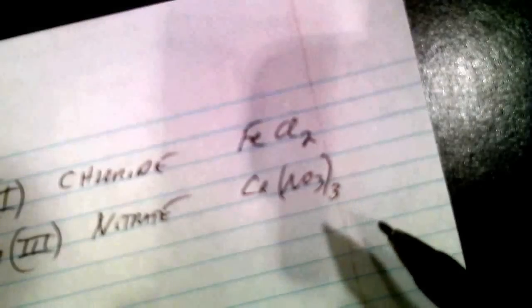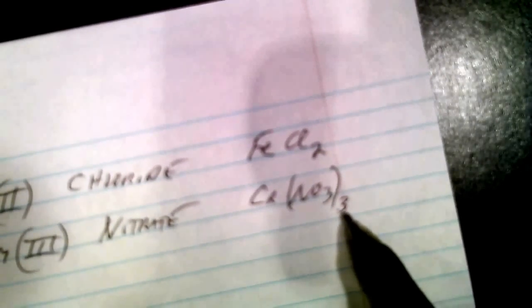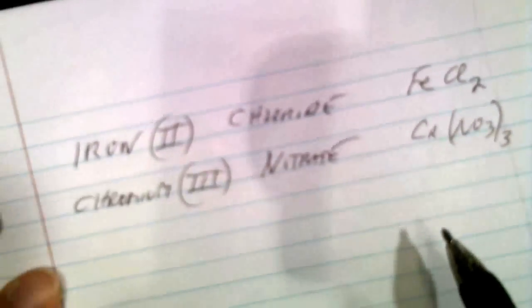So when you have more than one polyatomic ion, you put parentheses around it to indicate how many you have. If you have one of the transition metals, you will have a Roman numeral.